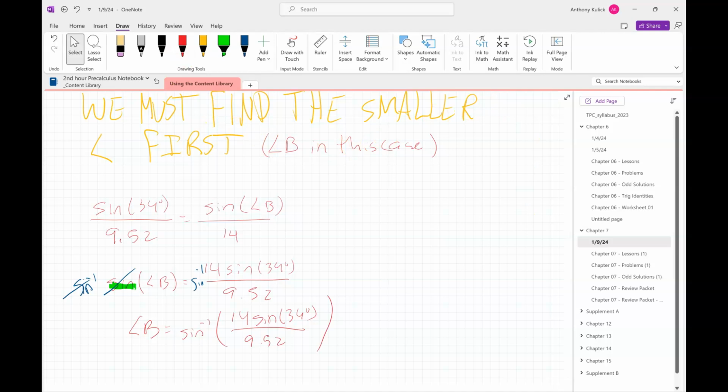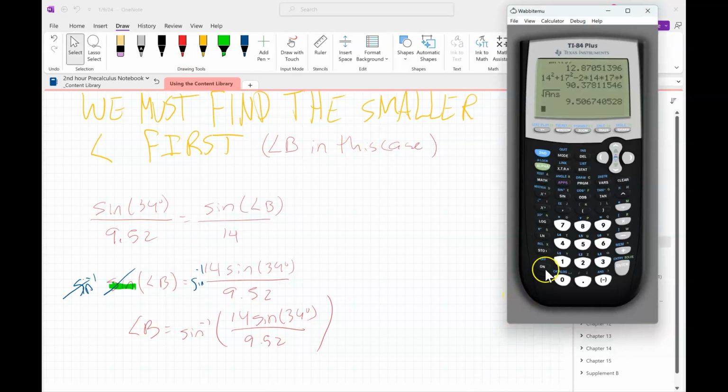And now it's calculator time. Now, please, when you're doing this, use the fraction command. Again, that's alpha y equals in option 1. And then please use the ans command and use that full decimal.